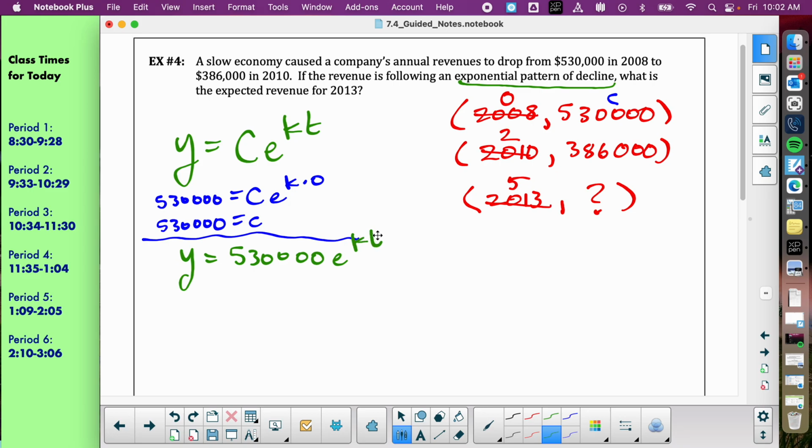So we've used that number. Now we're going to use the second piece of data to find k. So 386,000, divide both sides by 530,000.